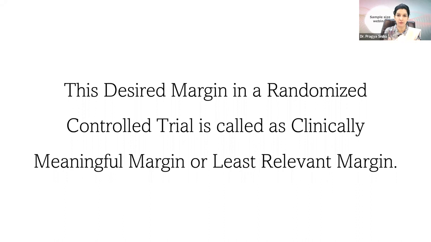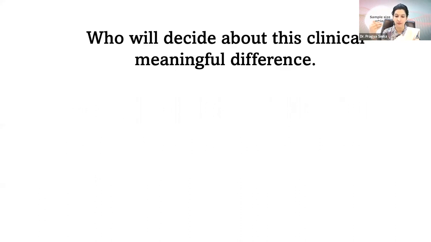And there is a way to set this margin. You cannot decide arbitrarily regarding this margin. There is a scientific way to decide this, which we are not covering in this session. Usually we do it by literature search, and there are other methods also, but we are not covering that in this session.